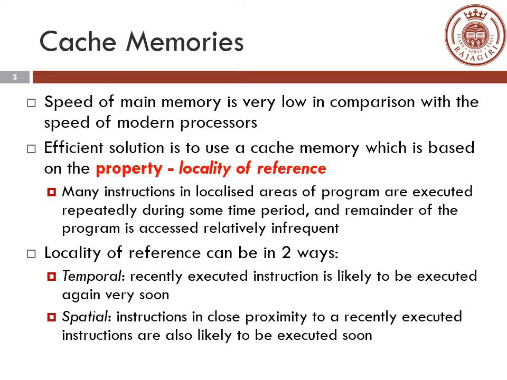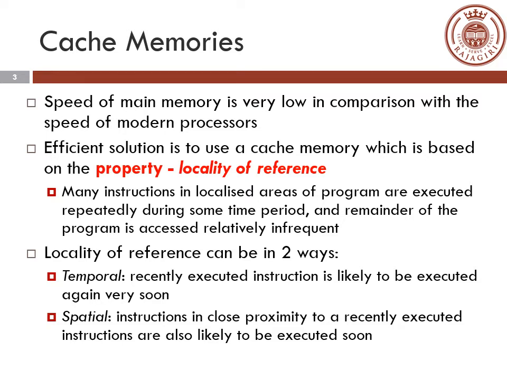Coming to the spatial locality of reference, it means that the instructions which are nearer to the recently executed instructions are likely to be executed soon. I'll explain it once again. The instructions which are nearer to the currently or recently executed instructions are likely to be executed soon.